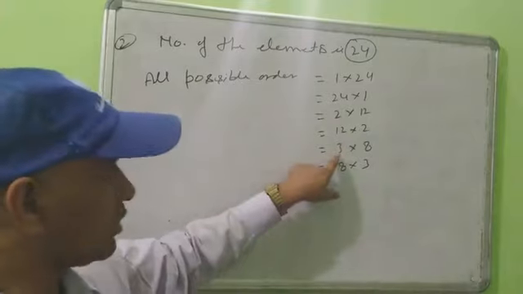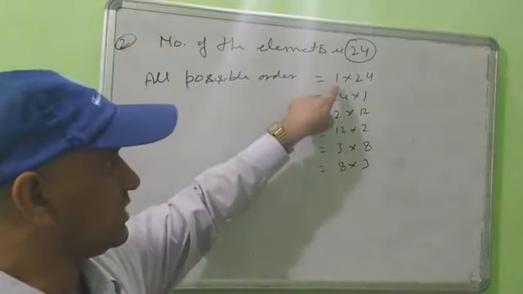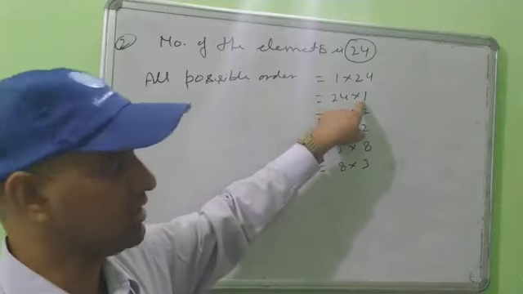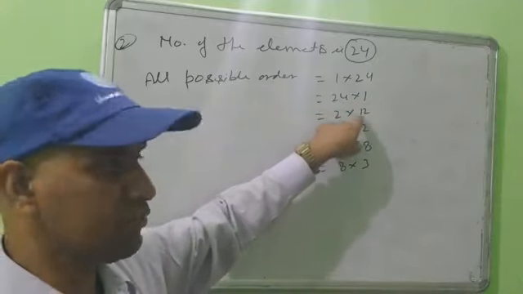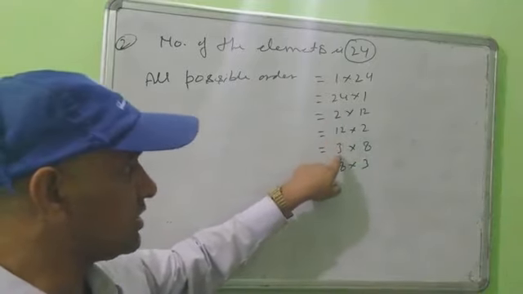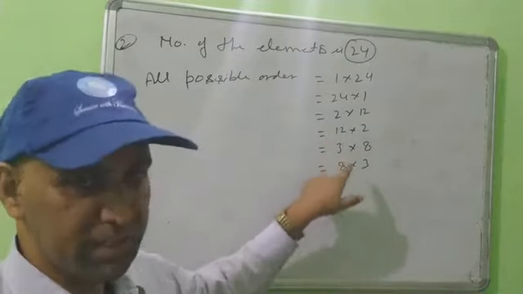This matrix and that matrix are different, just like a 1 into 24 matrix and a 24 into 1 matrix are different. Similarly, 2 into 12 and 12 into 2 are both different matrices, and 3 into 8 and 8 into 3 are both different matrices.